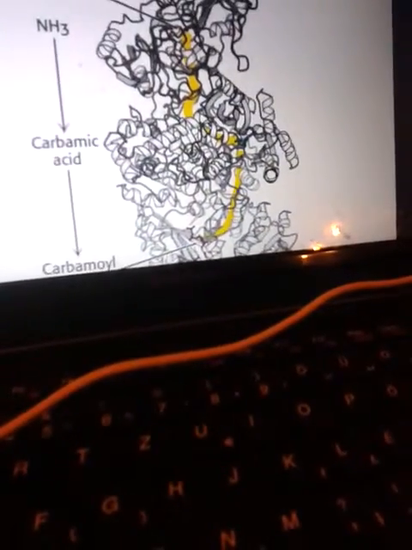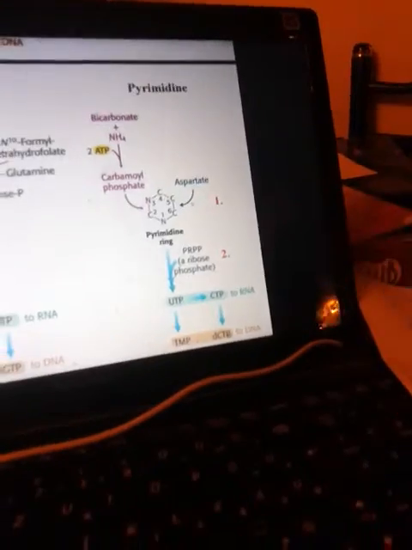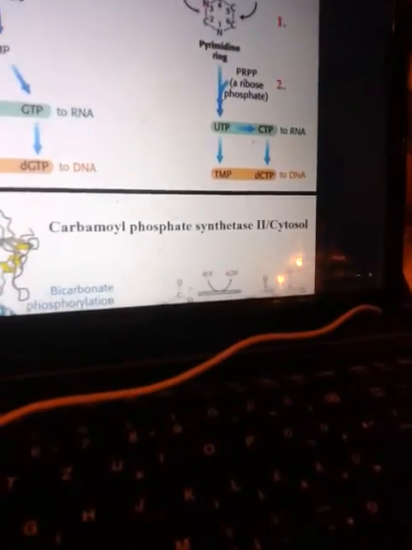From aspartate, we produce what? You see, again, come back on this page. On the pyrimidine biosynthesis, we need the carbamoyl phosphate and aspartate, and the product is carbamoyl aspartate, and finally UTP is produced from orotate. From orotate, orotidylate and uridylate are produced.